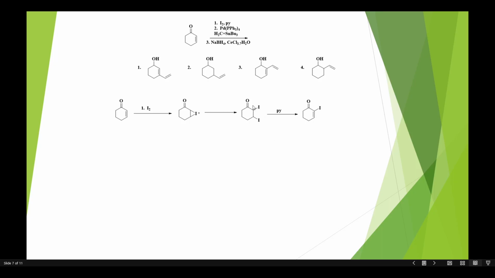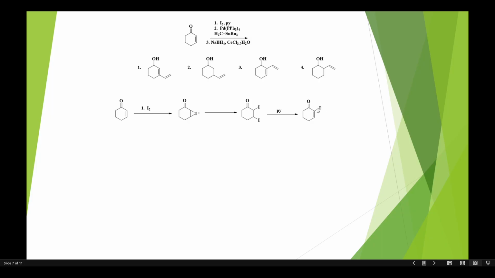Because this hydrogen will be much more acidic compared to the other hydrogen, we will get the corresponding sp2 carbon iodide. In that whole process, the iodine will be connected at the alpha position without changing the cyclohexanone ring.